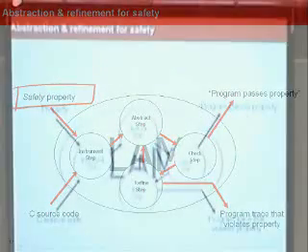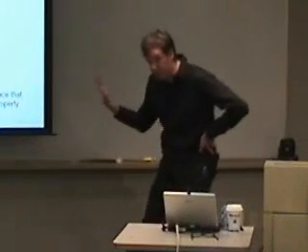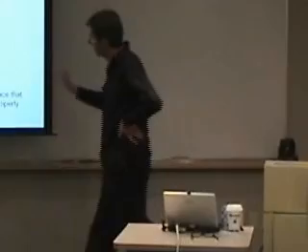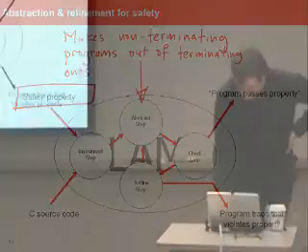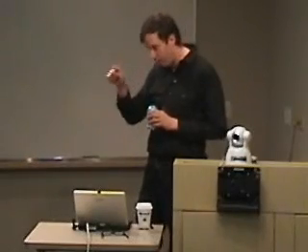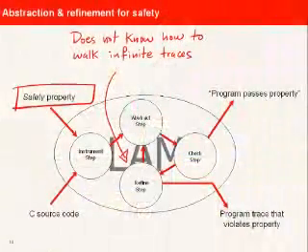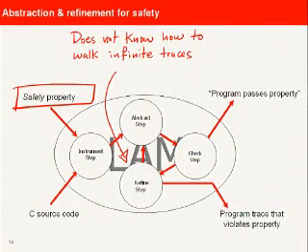Right, and the problem with SLAM is it's only for safety. In fact, it really uses the fact that we're only proving safety in the abstraction step. The abstraction takes advantage of that fact. The abstraction step will take programs that are terminating and return programs that are non-terminating. So we're pretty much out of luck trying to prove termination. For example, you might see while x is less than y, and we'll replace that with while non-deterministic choice. Now maybe it terminated before, but it's certainly not going to terminate afterwards.